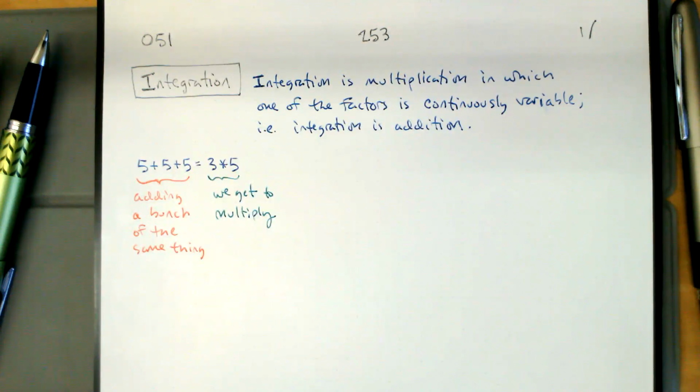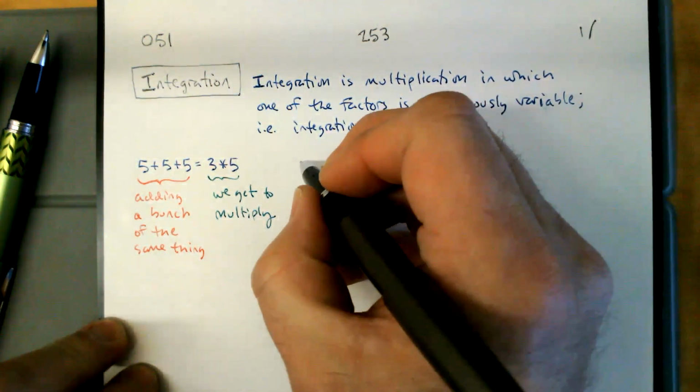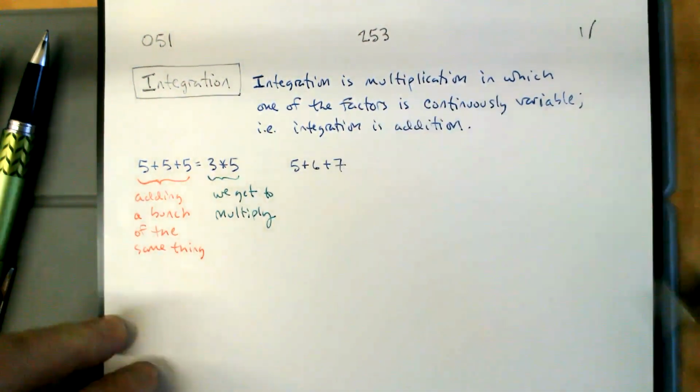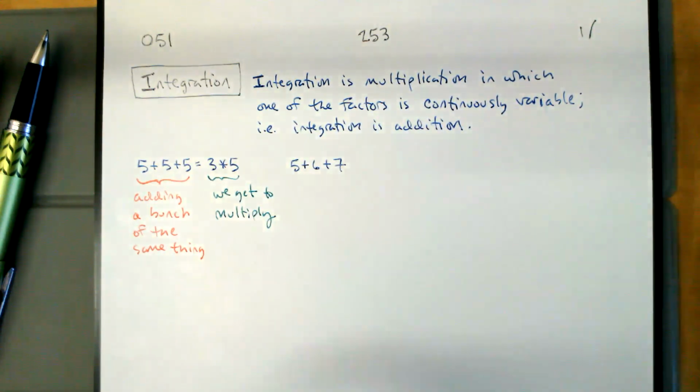So for example, we've got 5 plus 5 plus 5. That should mean that we just write that as 3 times 5. It's addition, but it's a bunch of the same thing. So we get to multiply. If we have addition, but the terms aren't all the same, we don't get to multiply.